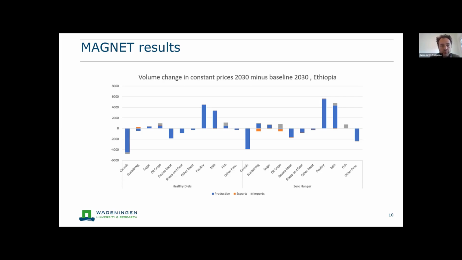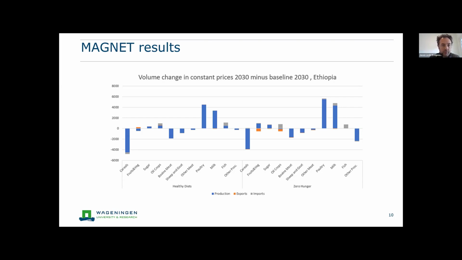So you see that the production of cereals goes way down as the demand for cereals decreases. The production of poultry goes up, and milk goes up significantly. For most of these, the imports still do not increase that much, and these are volume changes, not percent changes.